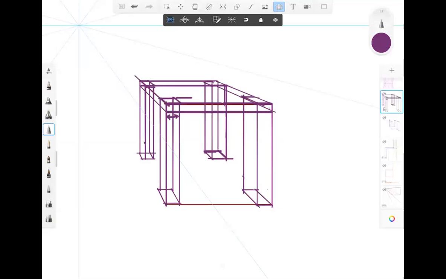We could say, okay, well, we could put this in here. And now this space here would be the seat. Not a very comfortable chair.